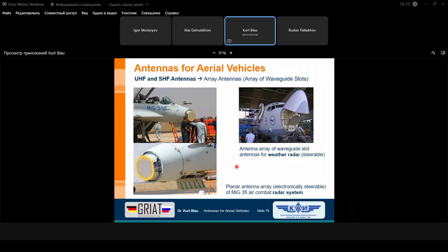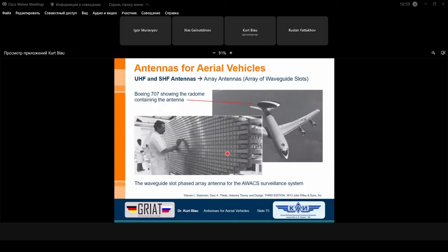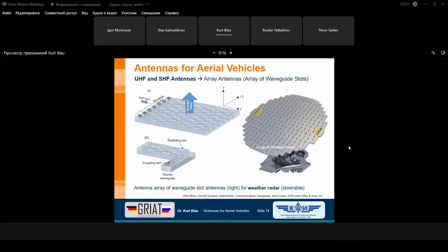Okay, then first of all, I will make a short summary of what we have discussed in the last lecture. We started with the antennas based on metallic surface.